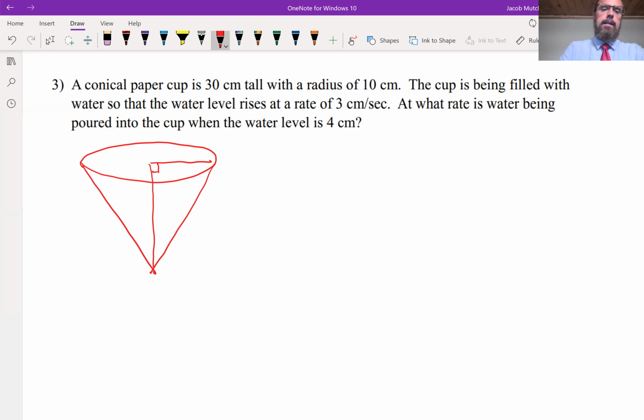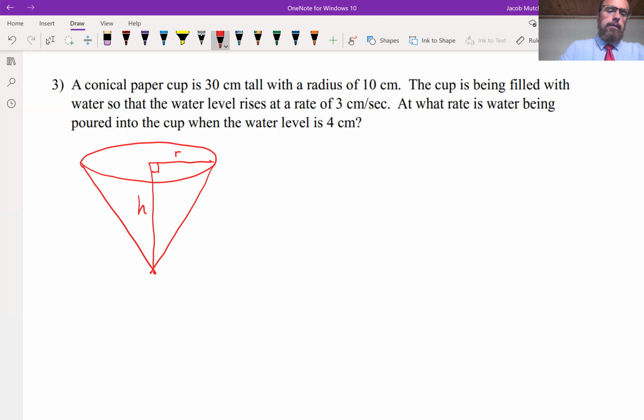So I see that it's got this central height. I'm going to call that h, which goes from the apex of the cone to the base of the cone and hits at a 90-degree angle. I also have the radius of the cone, which is from that center of the circular base to the edge of the circle over on the cone's side.